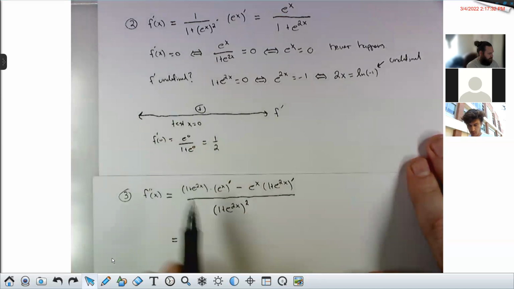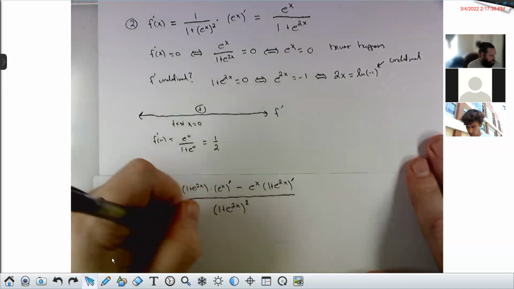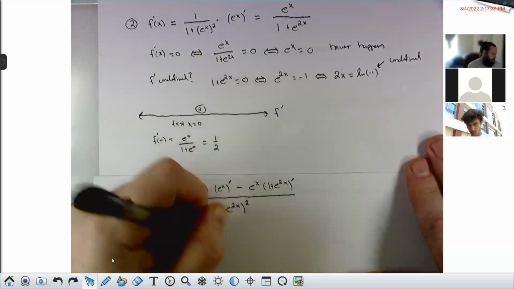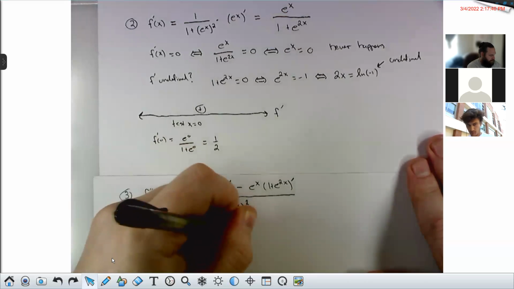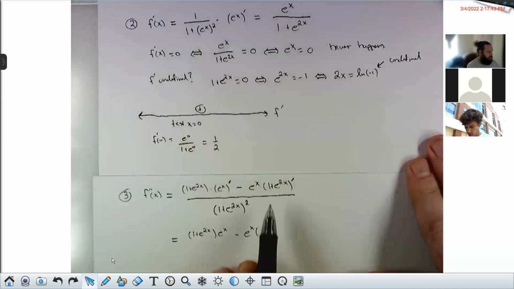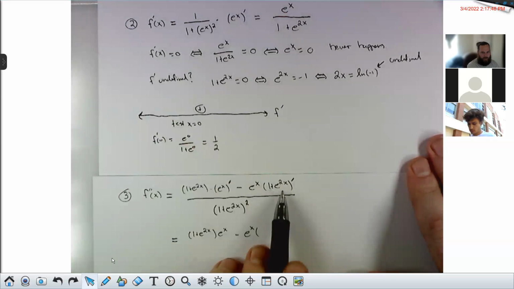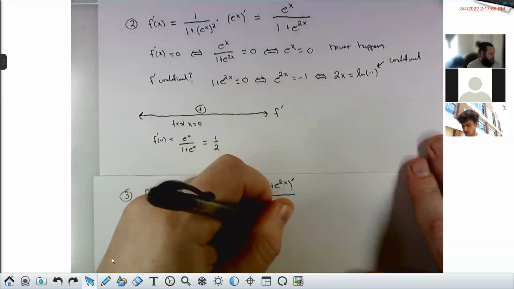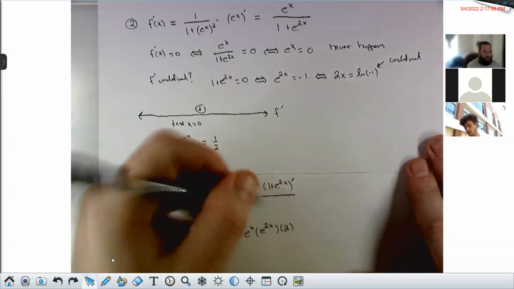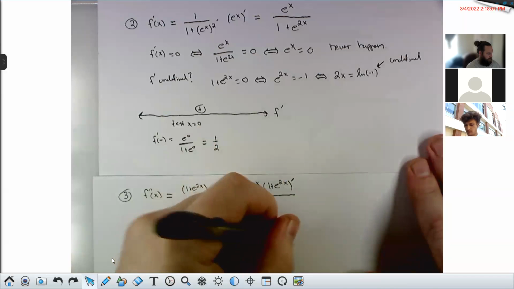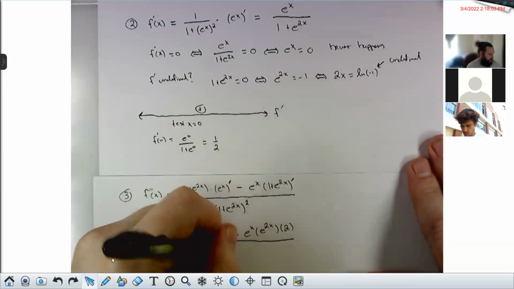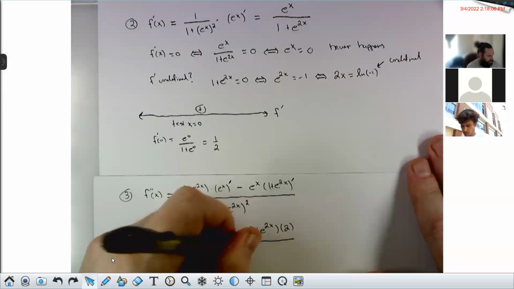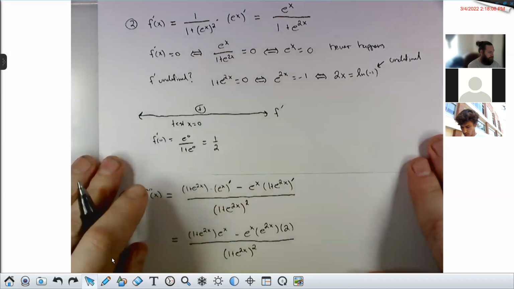Three hours later, we get 1 plus e to the 2x times e to the x minus e to the x times the derivative here, which requires the chain rule. Of course, the 1 will differentiate to 0, but e to the 2x is a chain rule derivative. The inner function is 2x. So we're going to get e to the 2x times the derivative of 2x, which is 2. And all of this is still divided by 1 plus e to the 2x quantity squared.